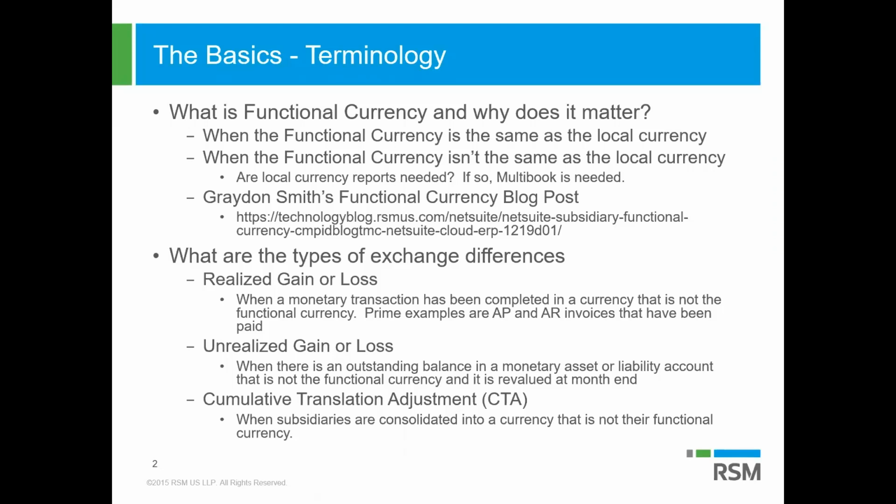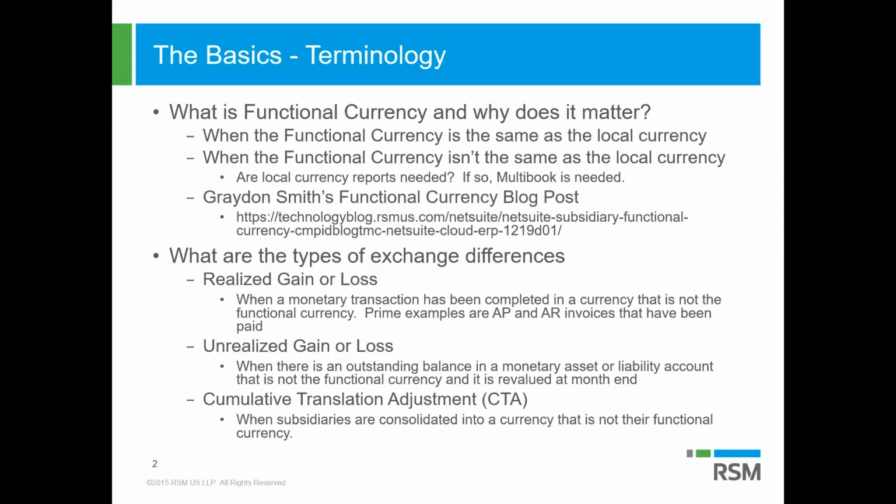It is important to understand the difference between transactionally related gains and losses, such as the unrealized gain and loss from AP or AR, and that CTA adjustment, which is an off-ledger adjustment. It doesn't actually have a home to live in. It's not a journal entry. So realized and unrealized gains and losses are actually entries to ledgers.